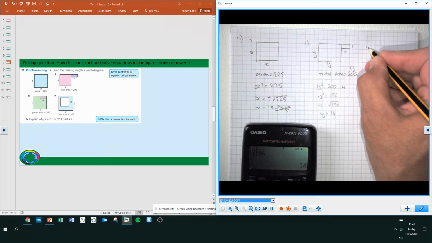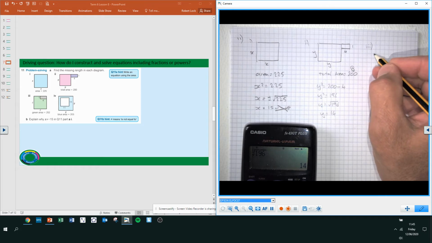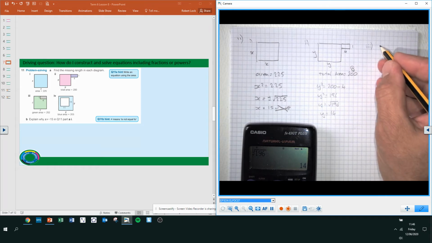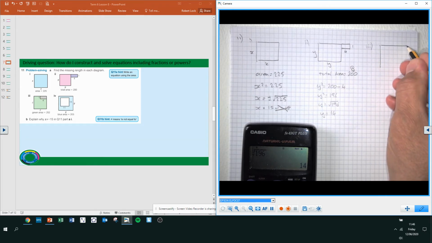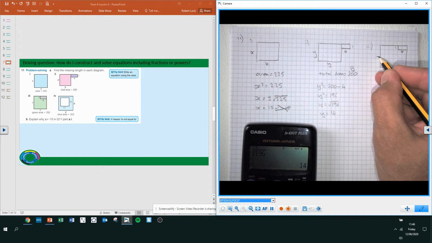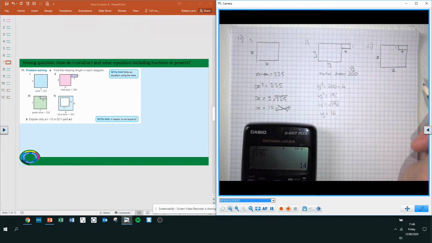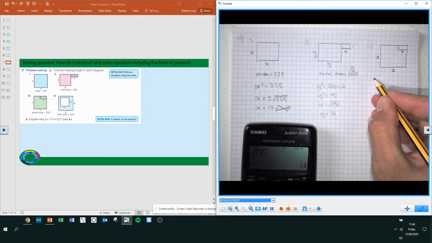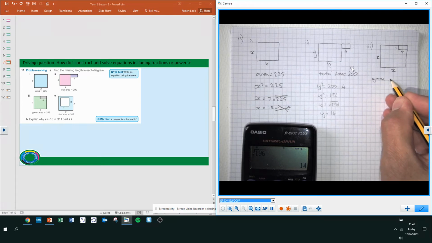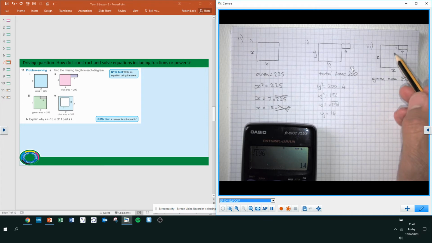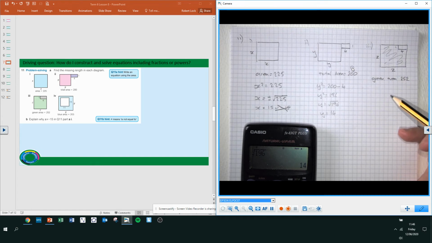3. We have a box. I have a little box here. This is 1 by 4. This is z by z. Green area is 252. That's this area here, not that area there.